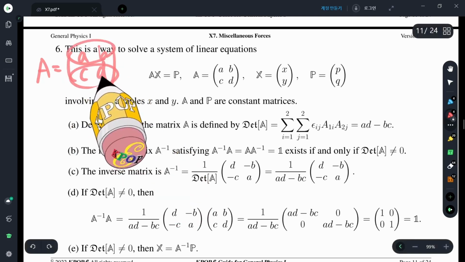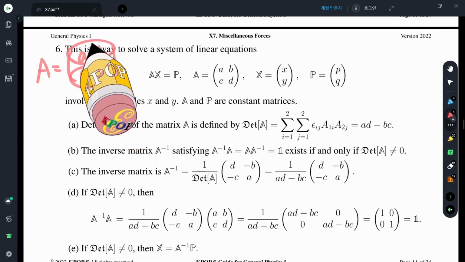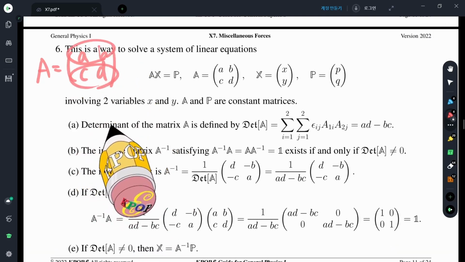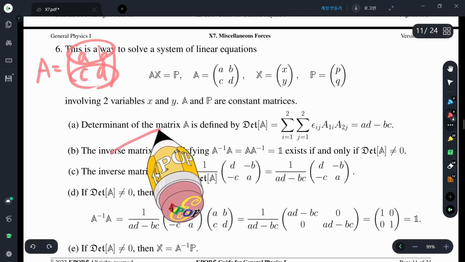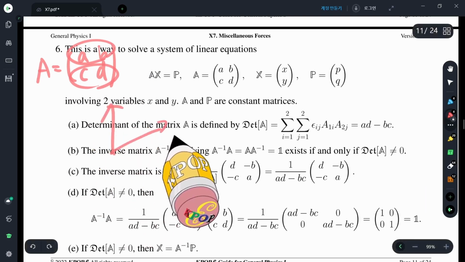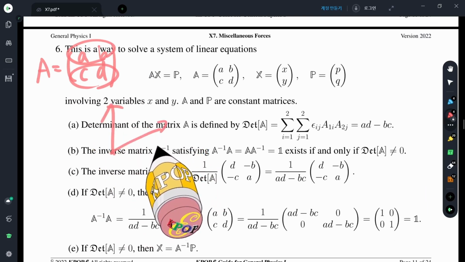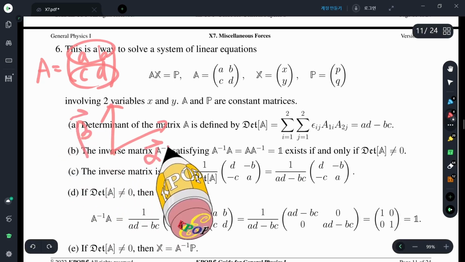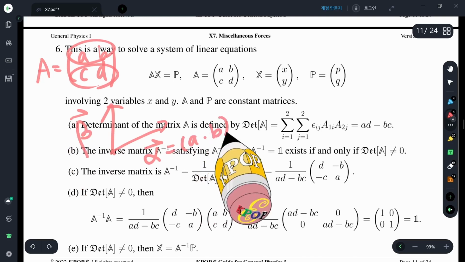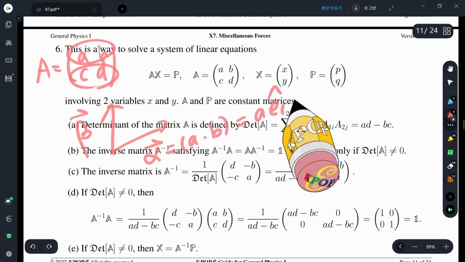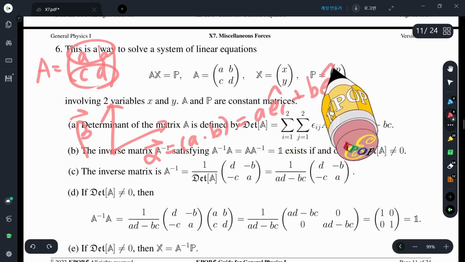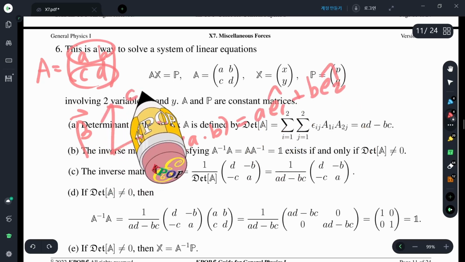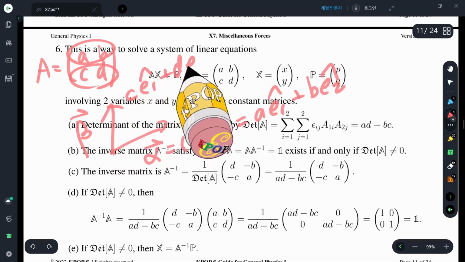This is a, b and this is c, d. This is a two-dimensional vector. For example, there are two vectors, alpha and beta, and the Cartesian components are a, b. That means a e1 hat and b e2 hat. This one is c e1 hat plus d e2 hat.